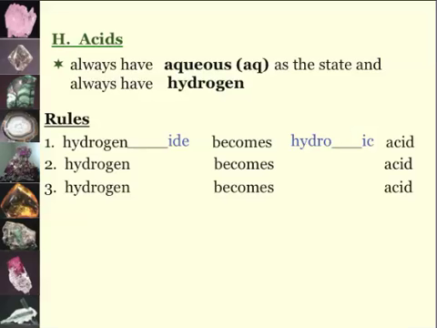Okay? If it ends in ate, it is now going to become something-ic acid. So no hydro in the front if it's like phosphate, okay? Then it's going to become phosphoric acid. If the second one ends in ite, it then becomes -ous acid, okay?